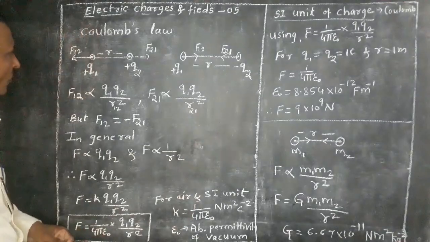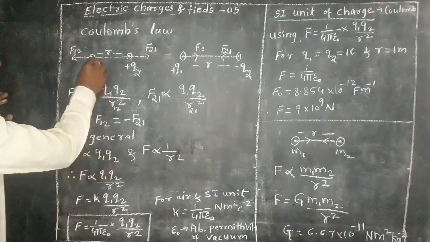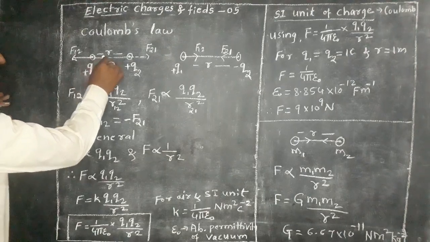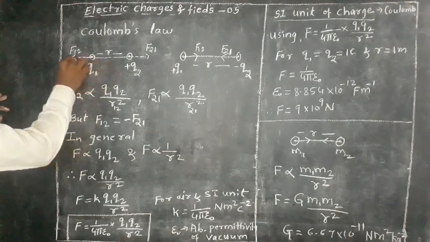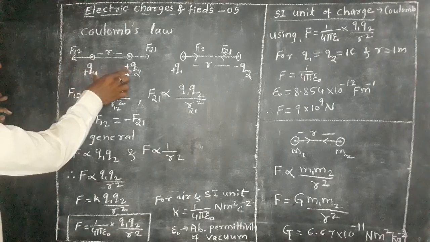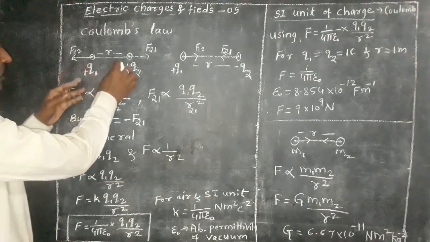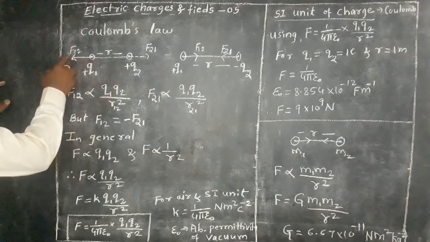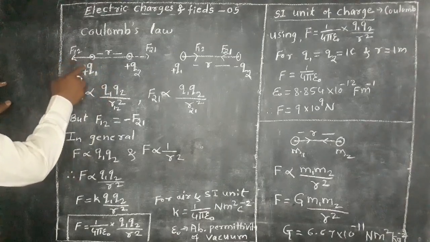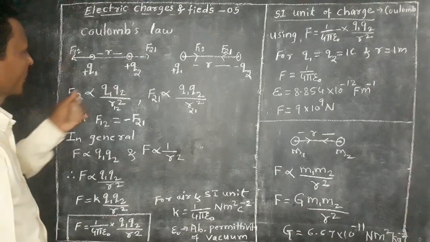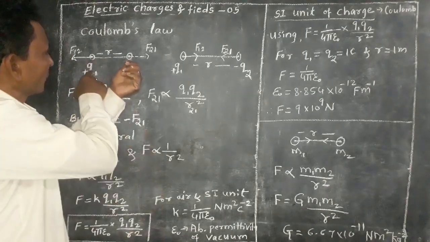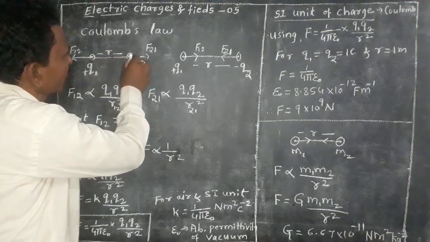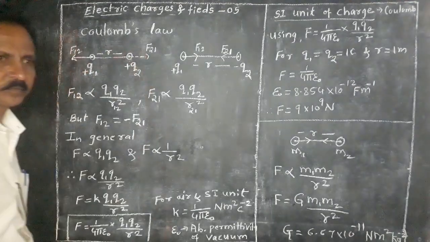Here the force on q1 due to q2 is in this direction because these two are like charges, therefore q2 repels q1, so the direction of force on q1 is F12, and q1 repels q2, therefore the force on q2 due to q1 is in this direction.